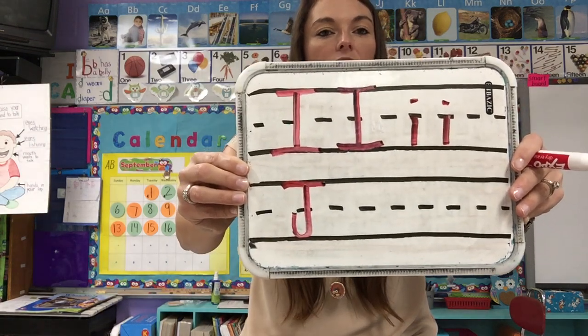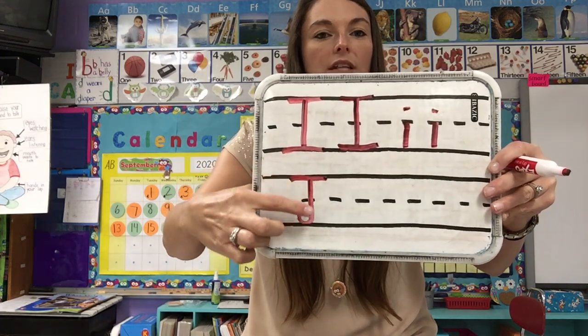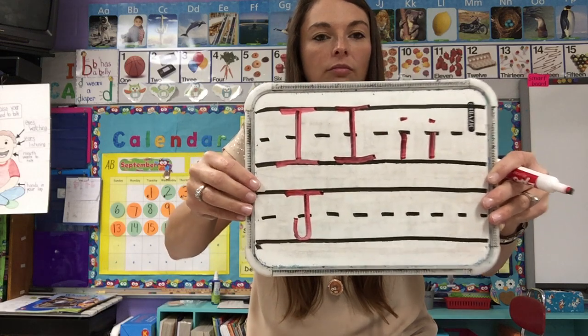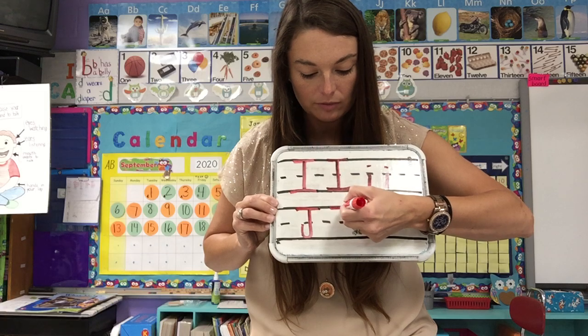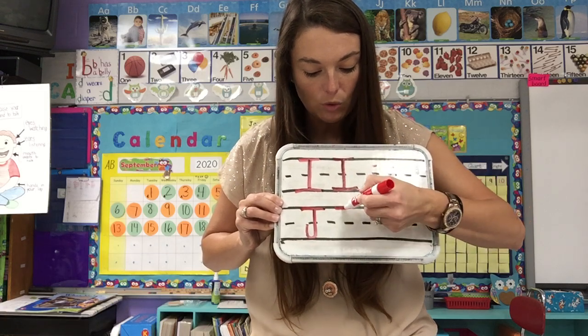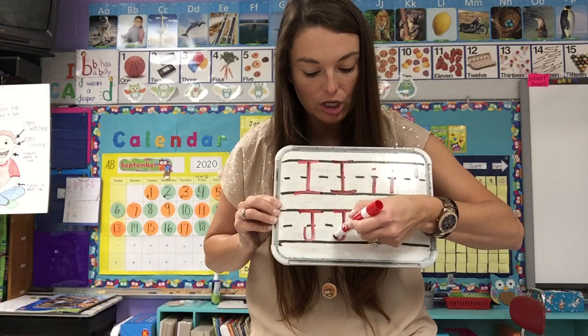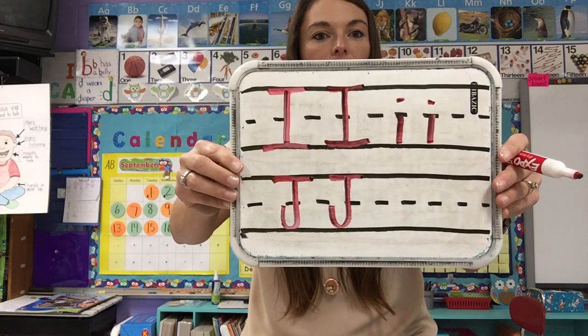Okay? That's the uppercase J. So we went across, we went down and curved and made a little hook for uppercase J. So one more time, we're starting on the top line, making a line across, left to right, going to the middle, line down, touch that bottom line, curve, and make a little hook for uppercase J.